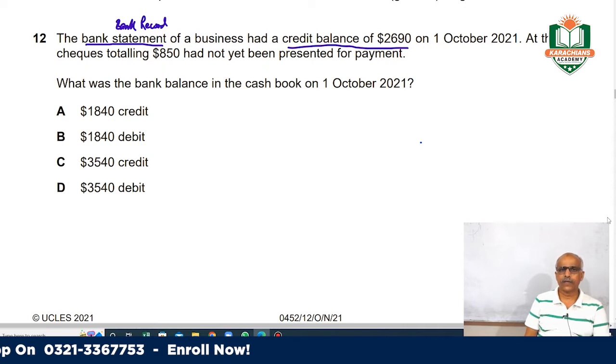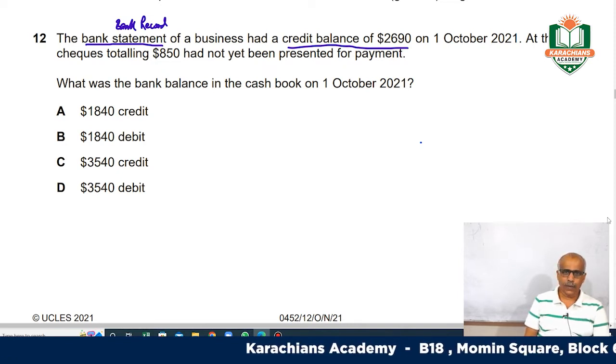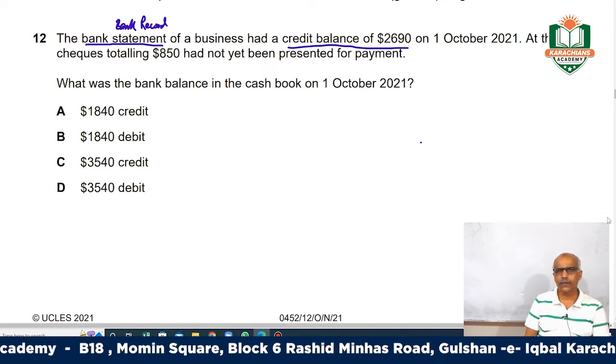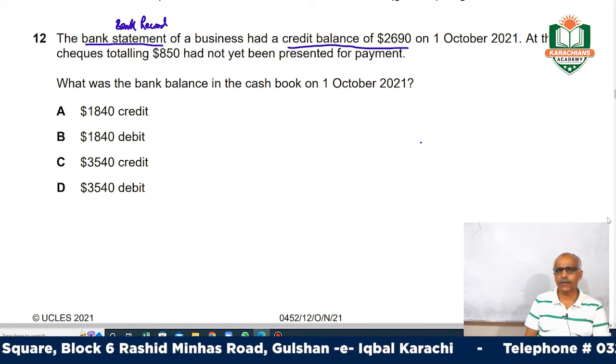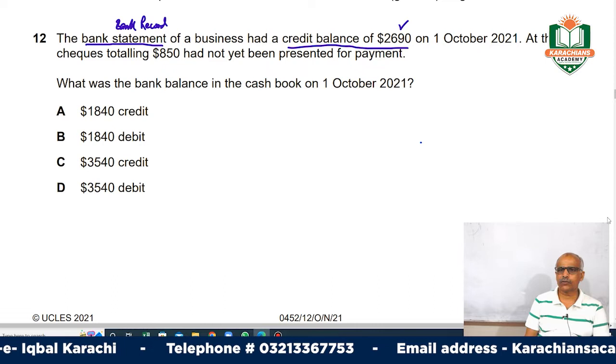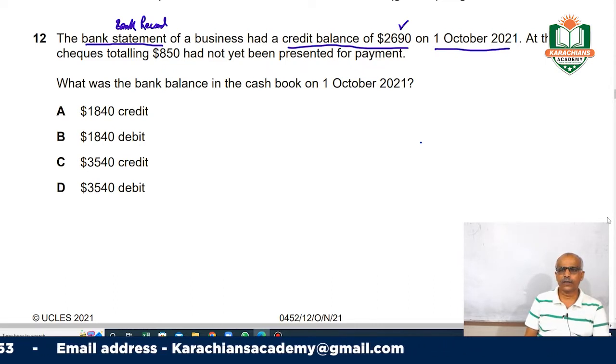The bank is your asset, but for the bank, the amount lying there is a liability. They have to give it back to you. So the bank always appears as a debit in your cash book and books of account, and as a credit in the banker's books. So the credit balance is 2690 on 1st October 2021.